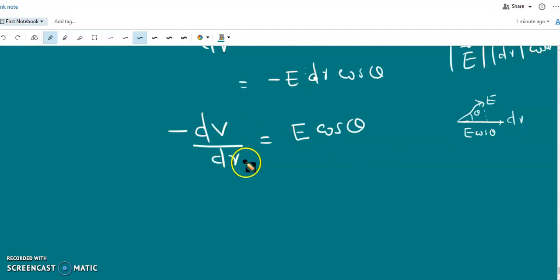So minus dV by dr is the component of the electric field in the direction of displacement.